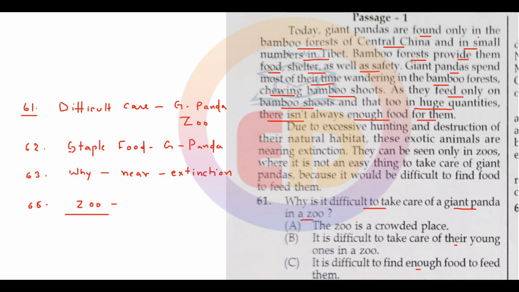So this gives the answer to the question of what is the staple food. The 62 answer is bamboo shoots, and the 61 answer is they require enough food, or food in more quantity. Due to excessive hunting and destruction of their natural habitat, these exotic animals are nearing extinction.